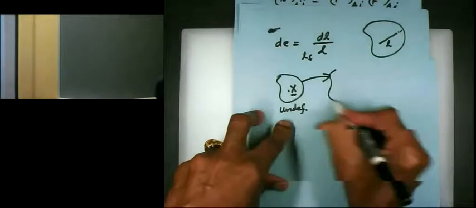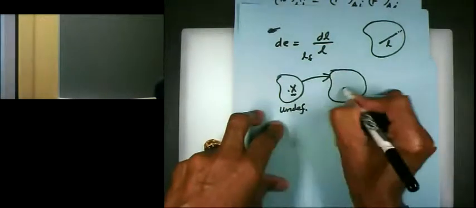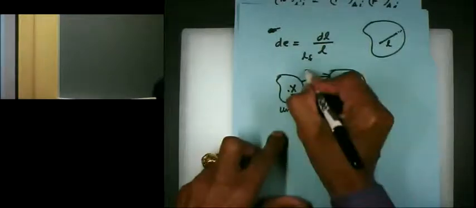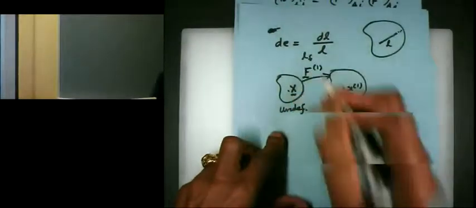So this point X goes to X1. So this torsion means I am applying a deformation gradient, say F1. The reason I put superscript 1 is because I'm going to now either stretch it or apply tension or compression, some other load.